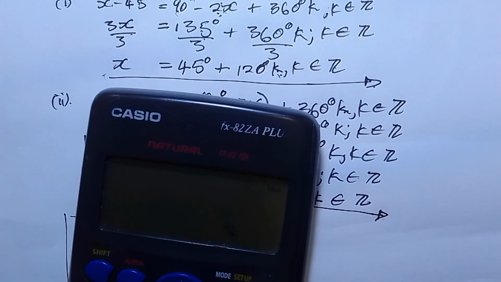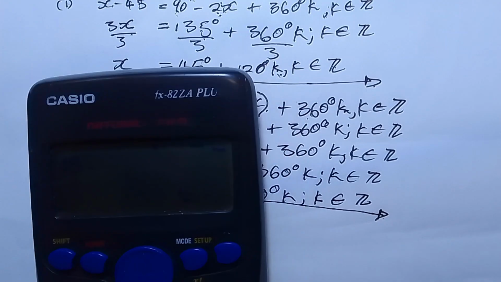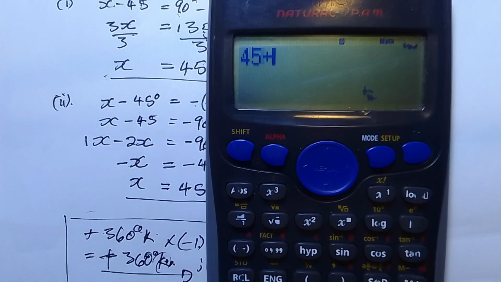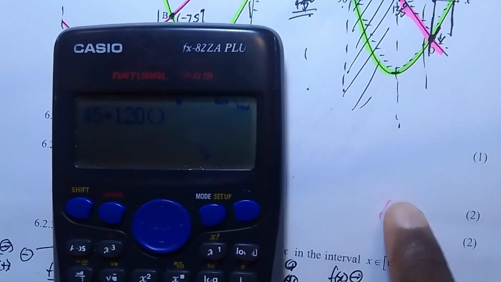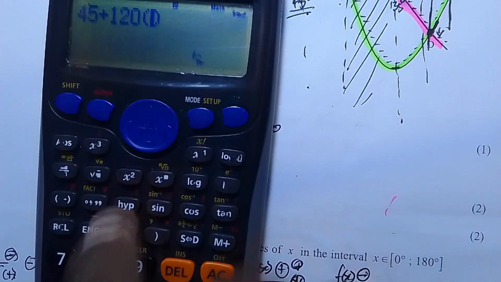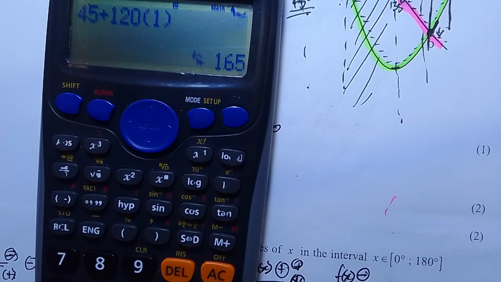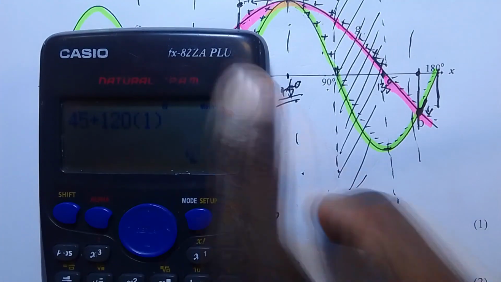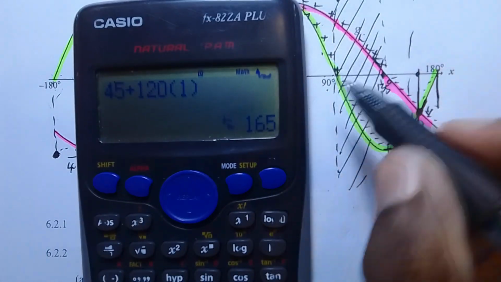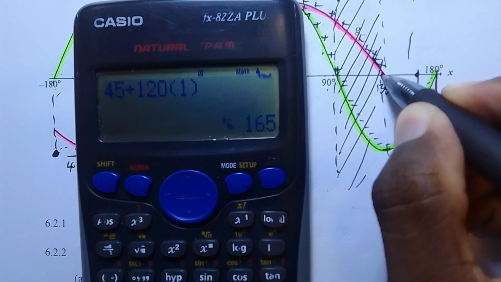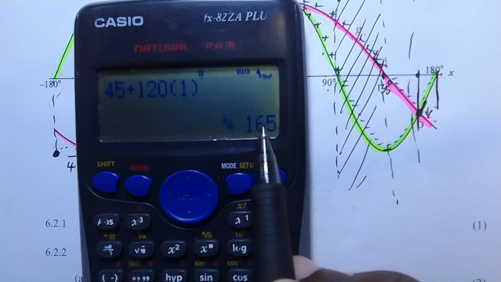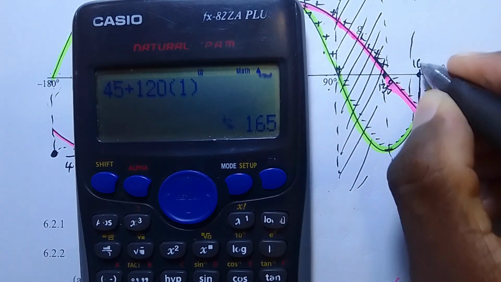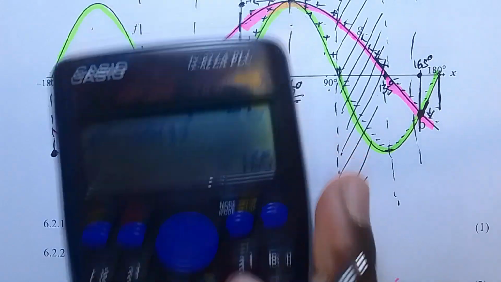So we say 45 degrees plus 120k. That's our general solution. Now we substitute different values for k. Let's start with 1. That's exactly what we want, because this is a point where it's greater than 135 but less than 180. This is exactly the answer. So it's 165. This point is 165.